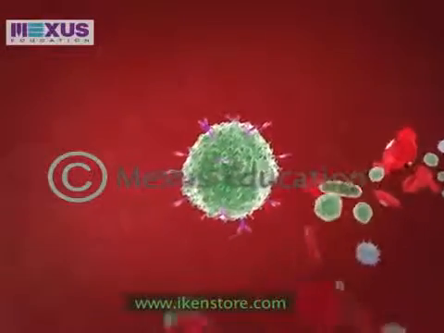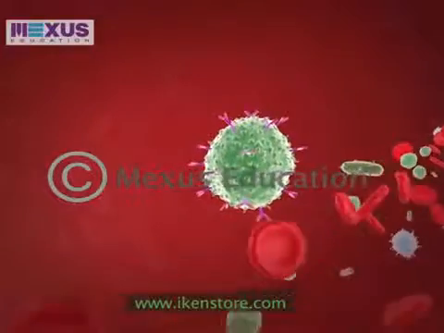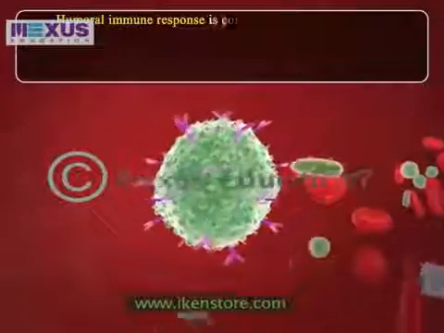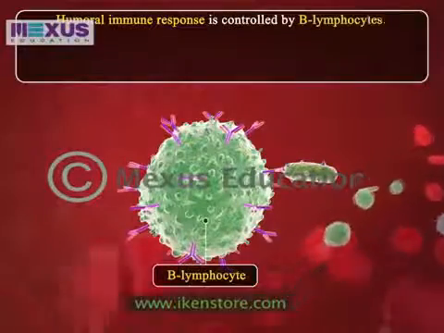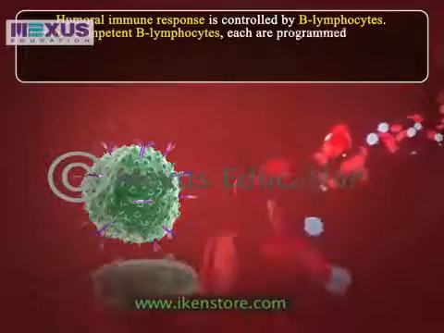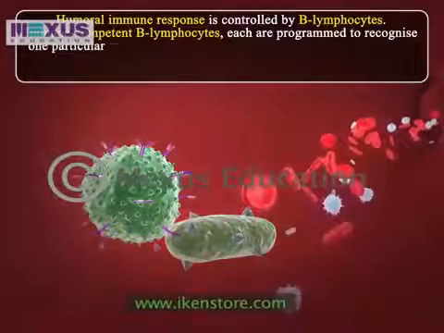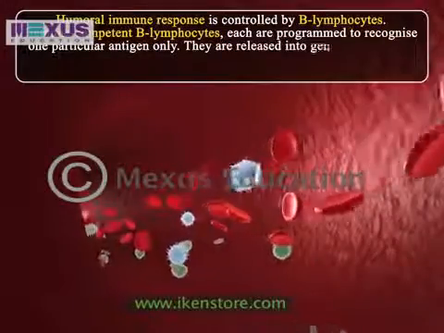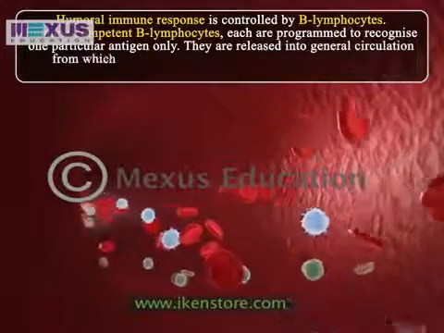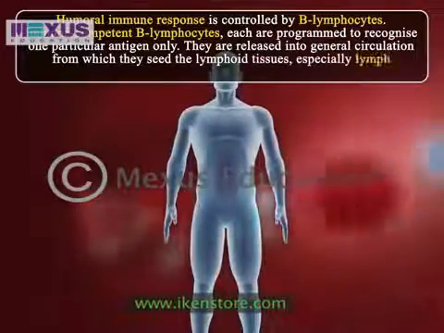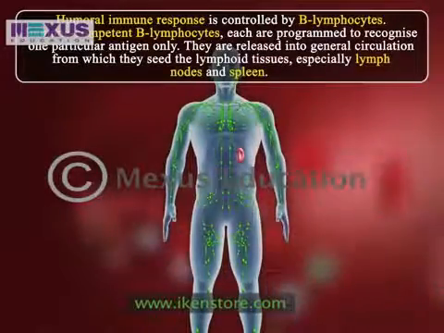Unlike the cellular immune response, which is taken care of by the T lymphocytes, the humoral immune response is controlled by B lymphocytes. Each immune-competent B lymphocyte is programmed to recognize one particular antigen only. They are released into general circulation, from which they seek the lymphoid tissues, especially lymph nodes and spleen.